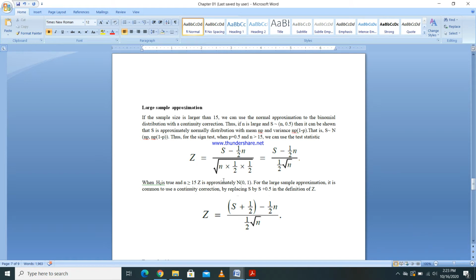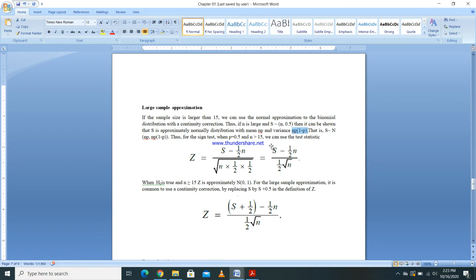So when you are using the large sample approximation, in order to convert our variable into a standard normal variable, you have to subtract the mean value and divide by the standard deviation. When it comes to the binomial, we know np is the mean value, and the variance is np times 1 minus p.